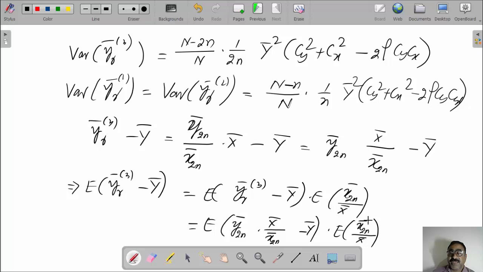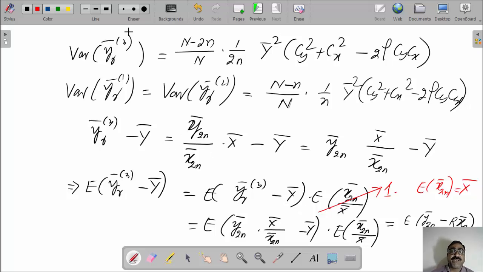Now, since expectation of x2n bar is equal to capital X bar, expectation of x2n bar by x bar will be equal to 1. So therefore it is equal to only expectation of y2n bar minus r x2n bar, where R is y bar by x bar, because expectation of x2n bar is equal to x bar.